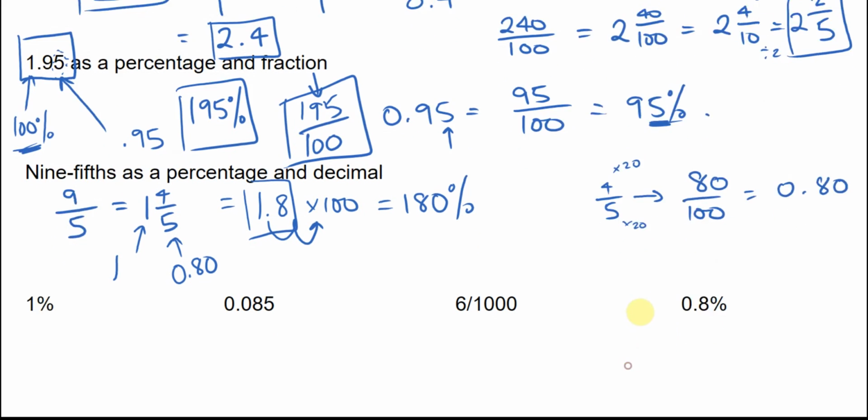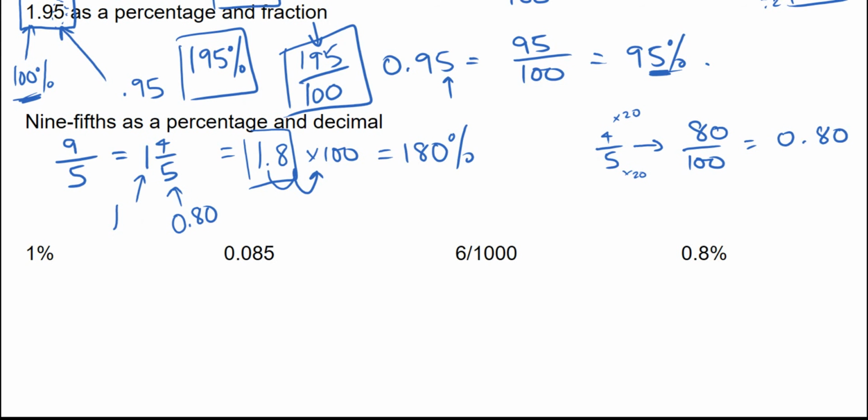Okay, here's a few more examples. 1%. So always percent means per hundred. So 1% is the same as 1 hundredth. And as a decimal, if we've got 1 hundredth, that would look like this. Okay, 0.085 is a decimal. To change that into a percentage, we can multiply by 100.